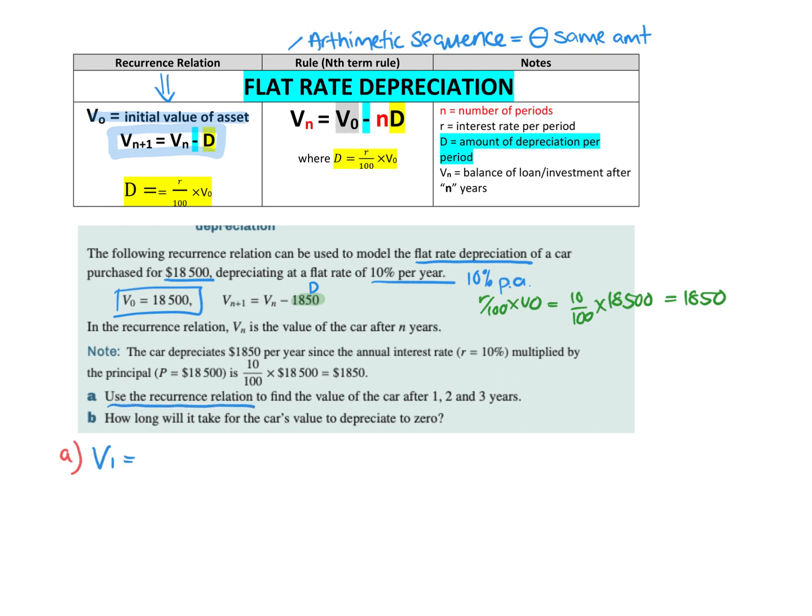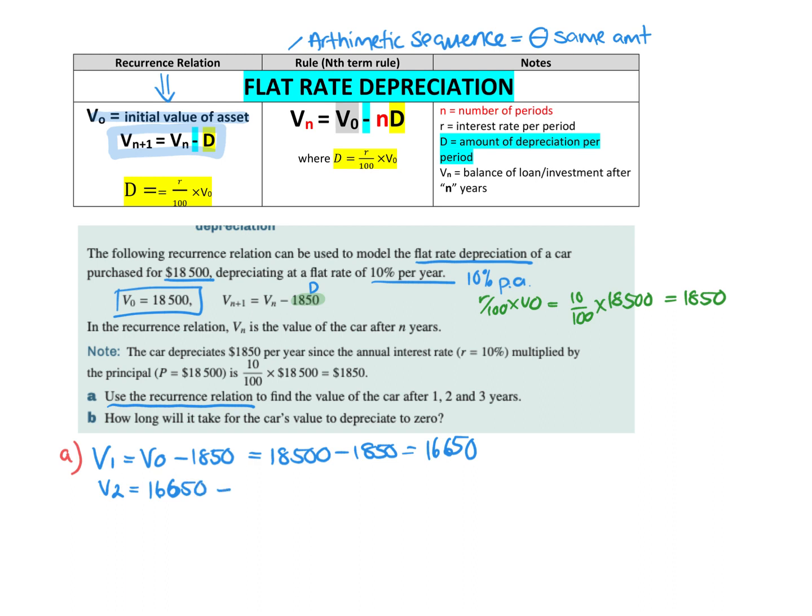So when I'm trying to find V1, it'll be V0 minus that 1850, which was actually 18,500 minus 1850, which equals 16,650.